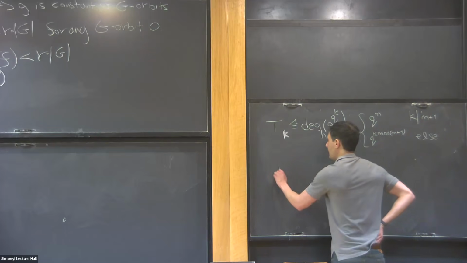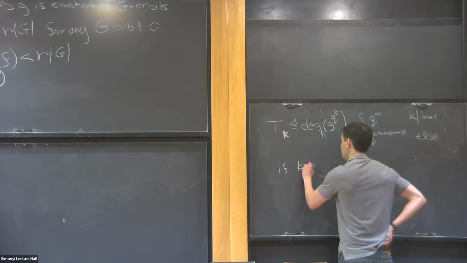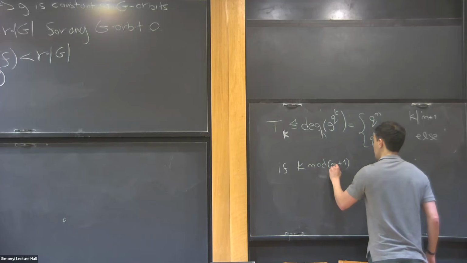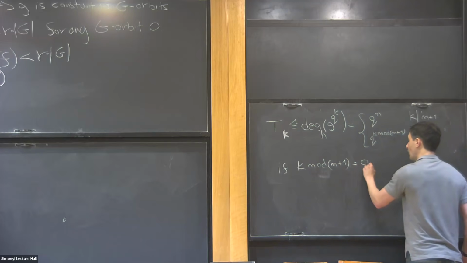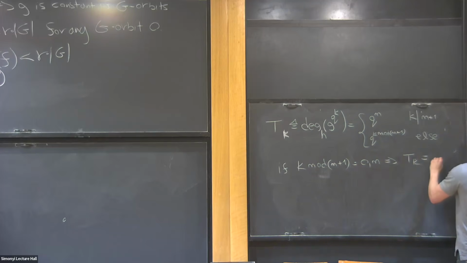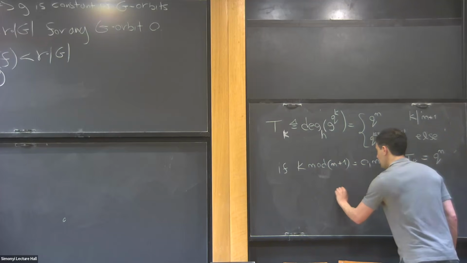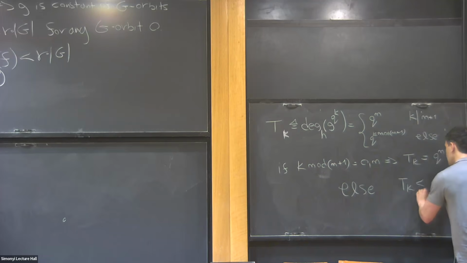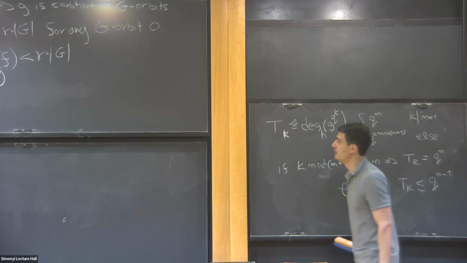So if k mod m plus 1 equals 0 or m, then T_k equals q to the m. Else, T_k is at most q to the m minus 1. Is small.